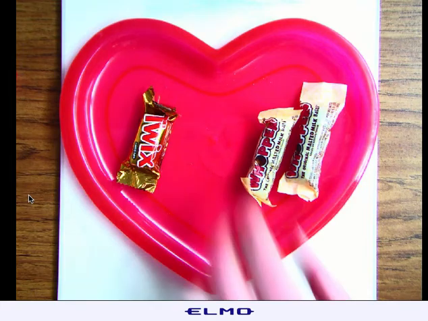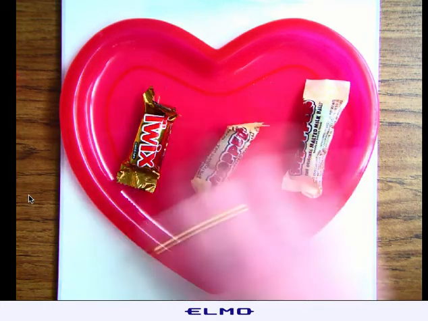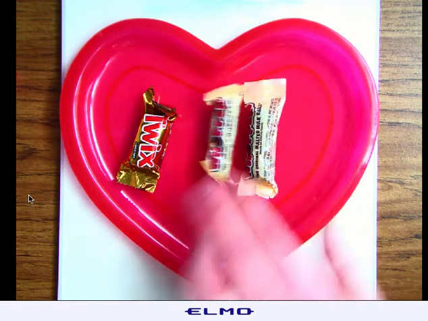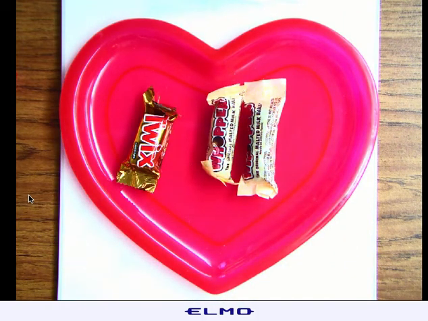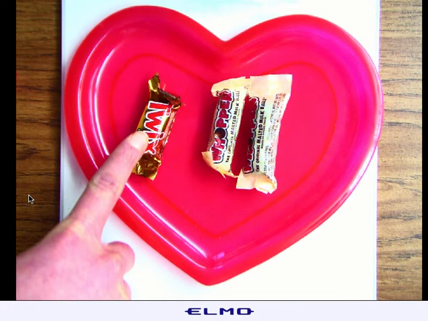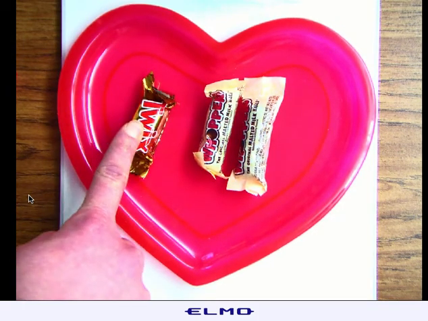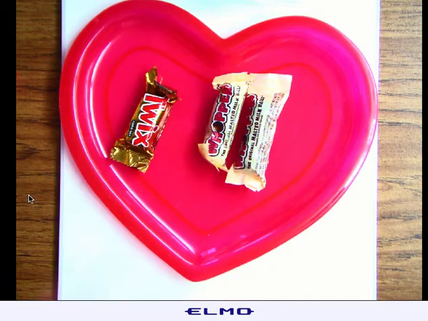So I would have a more likely chance, if I reach into this bucket, of taking a Whopper than a Twix, because there's 2 Whoppers and only 1 Twix. And on the other hand, you'd have a less likely chance of picking a Twix because there's a lower amount of Twix in comparison to the number of Whoppers that you have. You are absolutely right.